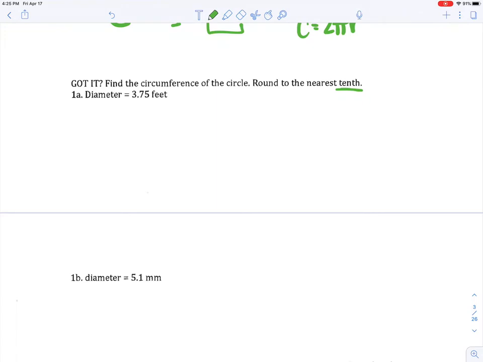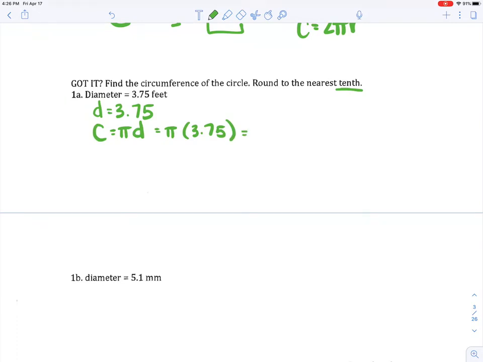Okay, the first one says the diameter is 3.75 feet. So I would write d equals 3.75. Since it has diameter, I'm going to use the circumference formula that has diameter in it. And now I'll plug it in. Pi times the diameter.